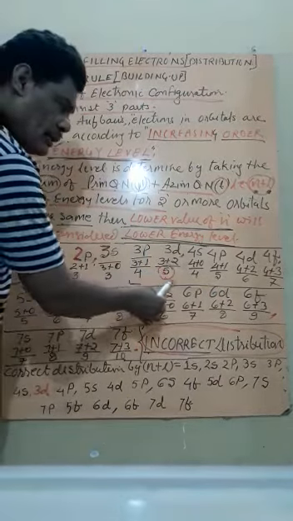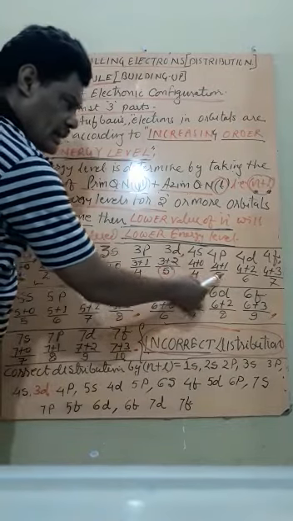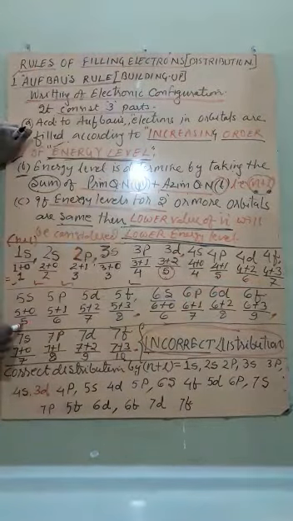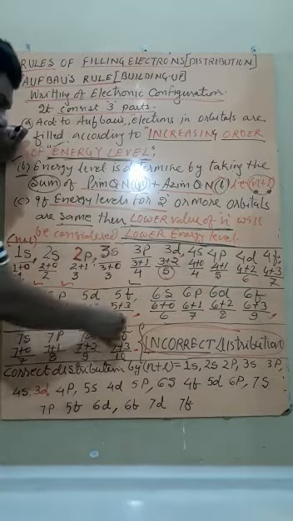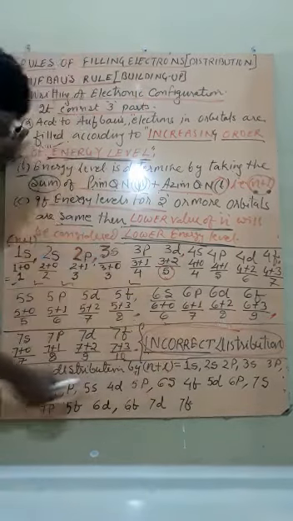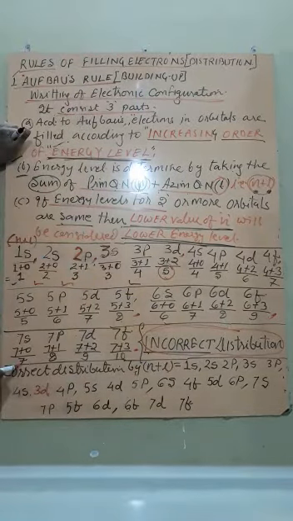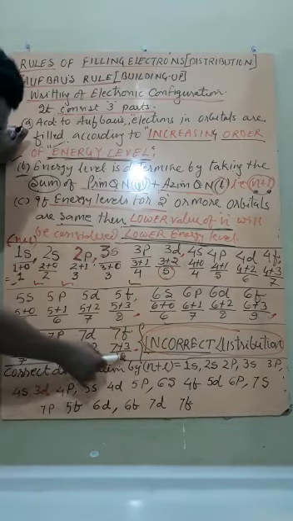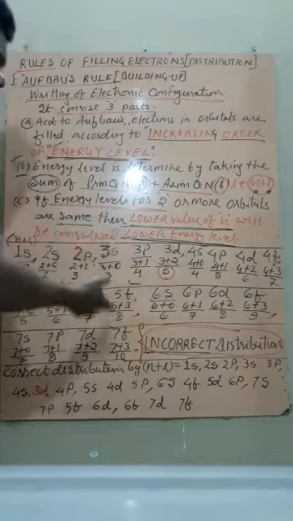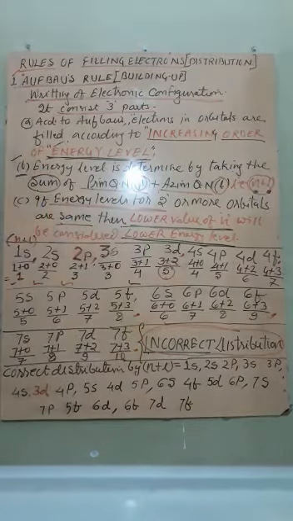So 5 and 4 is an incorrect sequence, again 5, 6, 7 is correct, but again there is 5, so again this is an incorrect sequence. Now 6, 7, 8, but again 6 is there, so incorrect. 7, 8, 9, and again 7, so again this is incorrect. Now 8, 9, 10, it is in sequence. So what to do? We have to reshuffle it on the basis of their energy level.